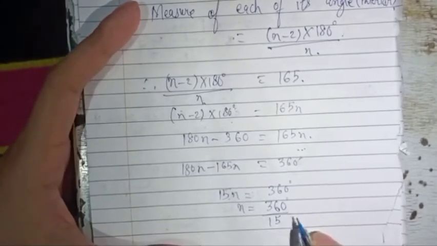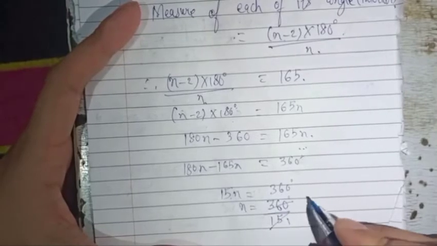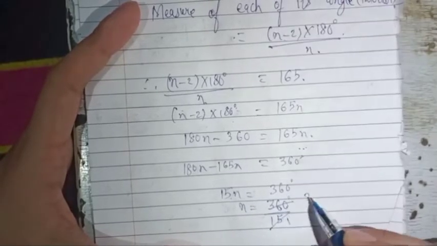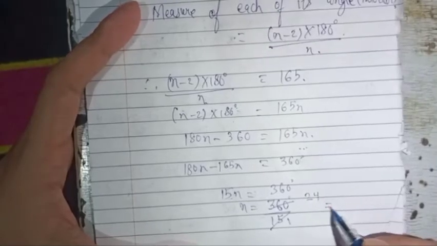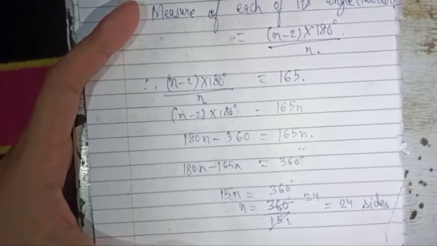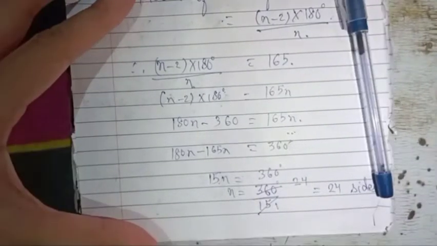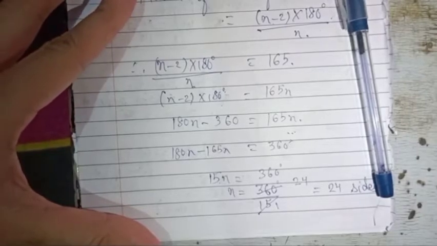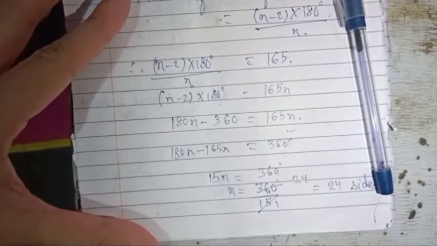Okay, you can easily divide them. 15 twos are 30, then 6 will carry here, and 15 fours are 60. So 24 sides are there in that regular polygon. Therefore, 24 sides are there in the regular polygon having an interior angle of 165 degrees.